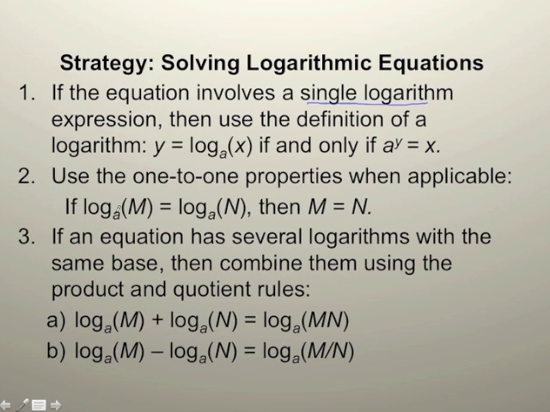So if the bases are the same, then the arguments m and n must be equal. If it has several logarithms with the same base, combine them using the product and quotient rules. If the two logs are added together, then multiply the arguments. If the two logs are subtracted, then divide the arguments.